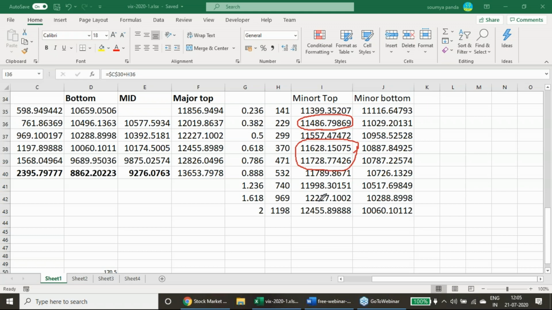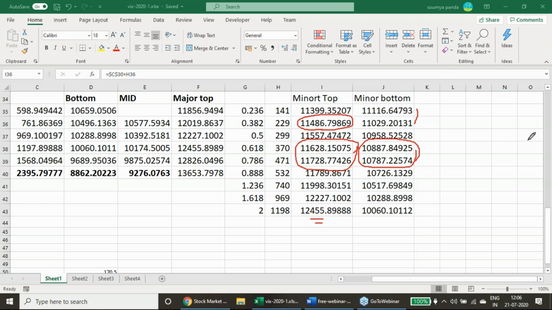If it crosses these hurdles, then you can go higher. In the same way, the minor bottoms will find the toughest support here, 10,887 to 787. If it breaks that, then it will fall further, or else it will bounce back. So I request all of you to watch out for these levels.